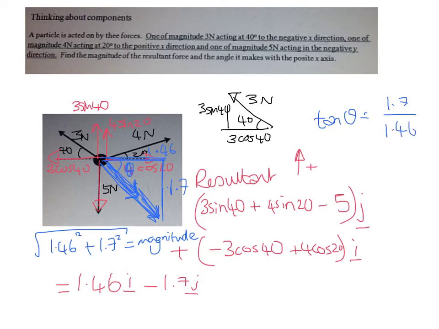So if we get a calculator and work that out, and then inverse tan it, we get 49.3 degrees. Because it's going below the x-axis, we'd write the angle as negative, so minus 49.3, meaning that it's going that way rather than that way.